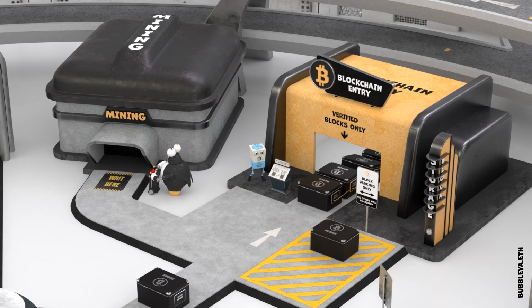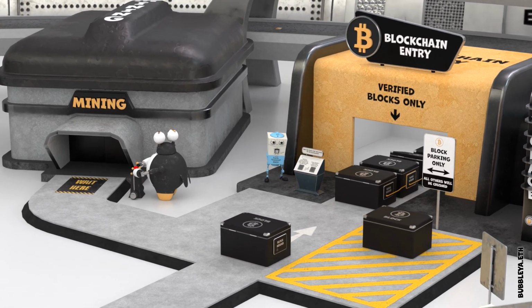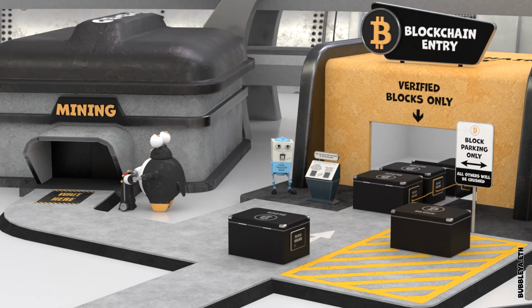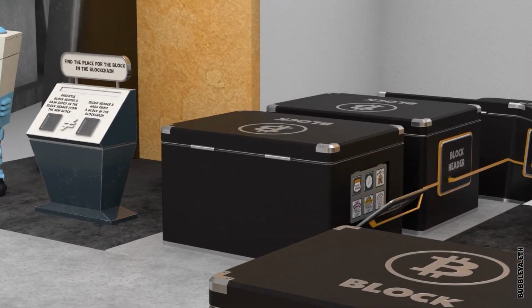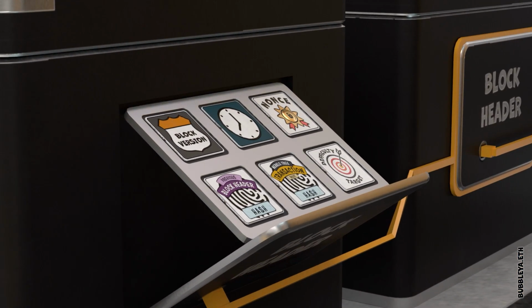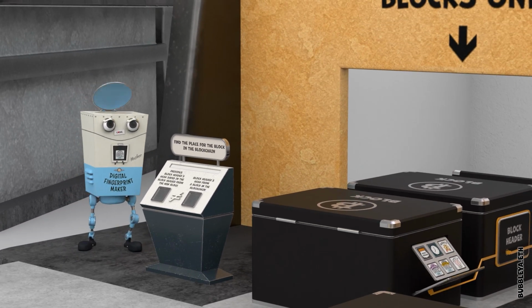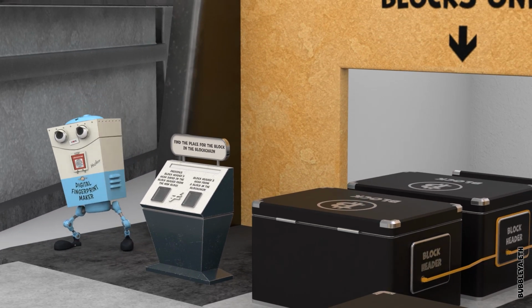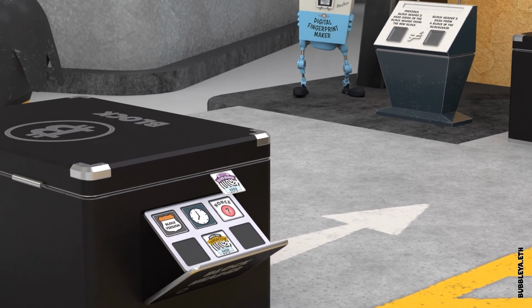Here, at the blockchain entry, we see blocks connected to the previous one. They form a chain of blocks, also called the blockchain. In the next step, the node prepares to connect the candidate block to the last block on the blockchain. Hasher, the hashing algorithm, calculates the fingerprint of the header's data from the previous block, and the node includes it in the header of the candidate block.